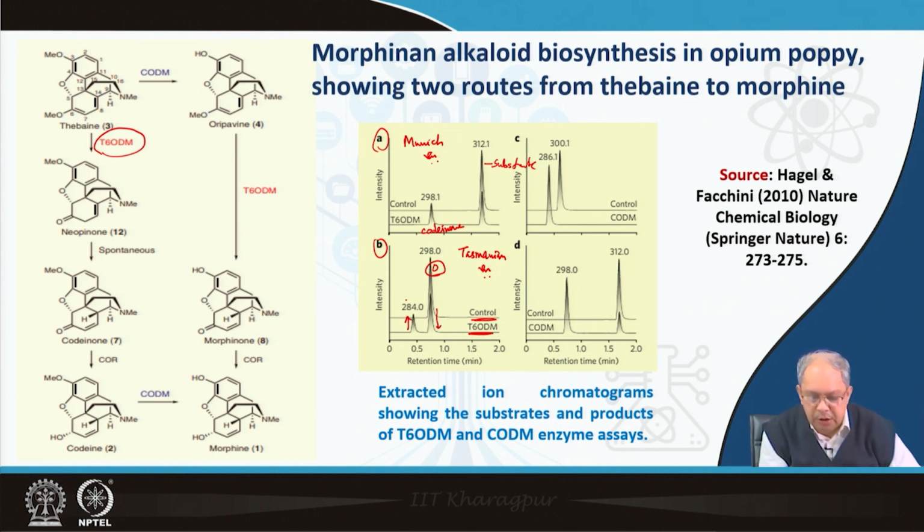This product is morphinone. This is the LCMS chromatogram, which is showing the product formation. This I am telling at this moment, then I will come to the result of this blockage.